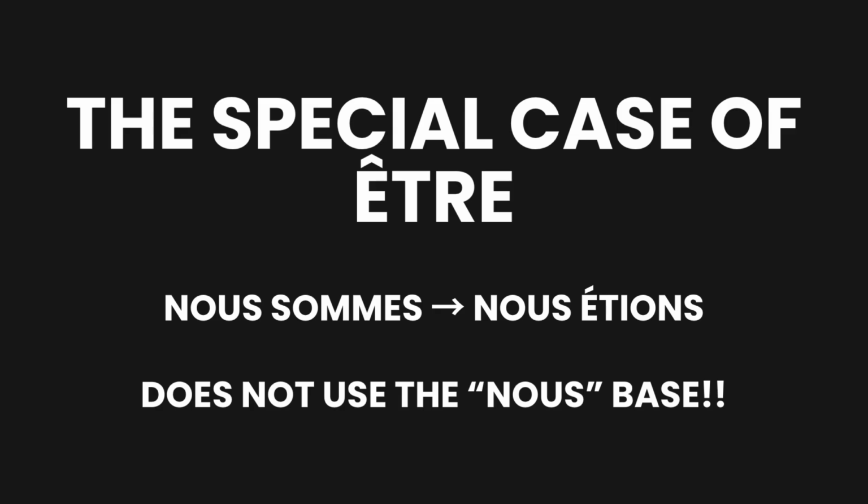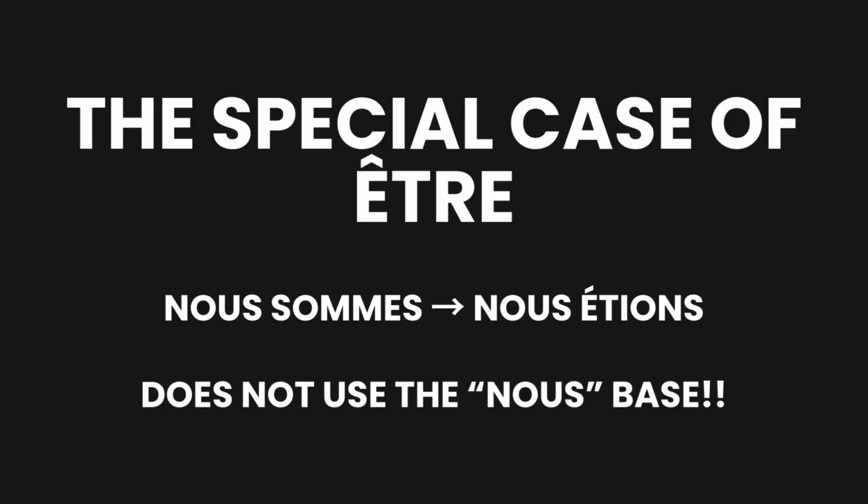You'll notice that on the last slide, there was one important exception, the verb être. Instead of using the regular stem, être uses É, accent aigu, T. Remember that I said the stem was going to be the nous form of the present tense? When you conjugate être in the present tense, it's nous sommes.